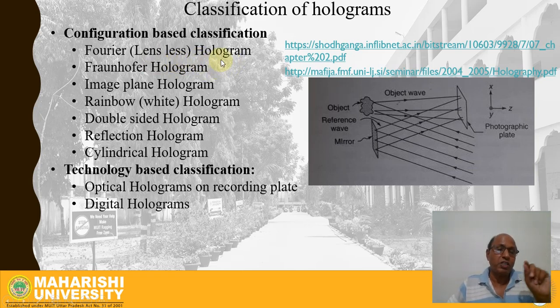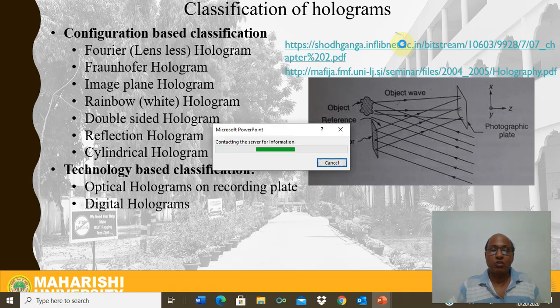So I will just give you details of these holograms through a reference which was published in Shodhganga, and I will just click this to go through that paper which discusses all these holograms. It will take a bit of time, but this will be very good information also. And you can use this reference for your notes on this subject.